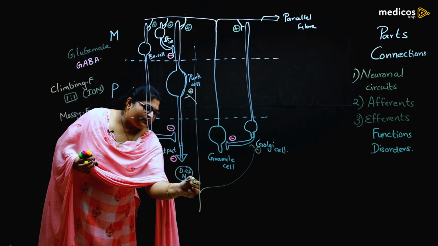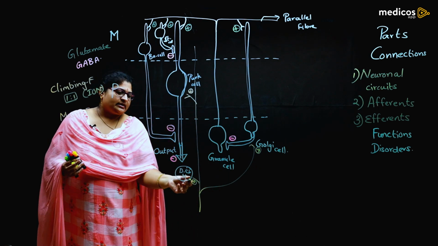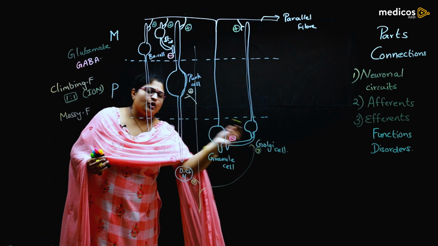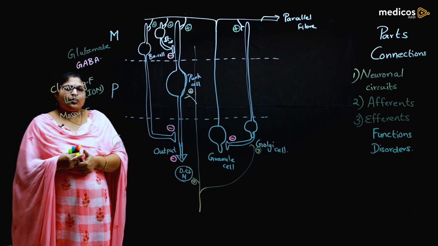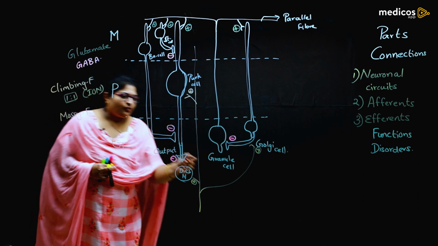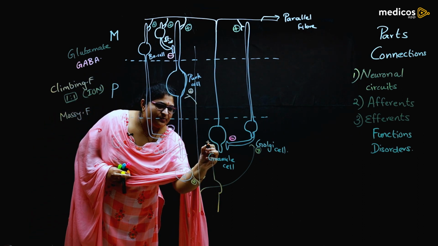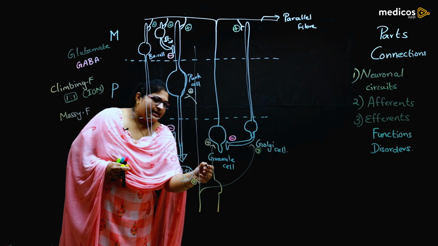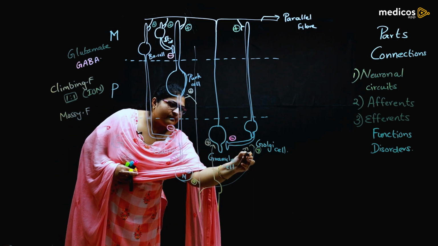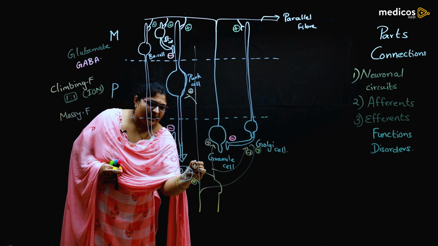So all these climbing fibers will stimulate Purkinje cells, deep cerebellar nuclei, and also Golgi cells. Now what is the second input? The second input is the mossy fiber. This mossy fiber causes stimulation of Golgi cells, granule cells, and also deep cerebellar nuclei.